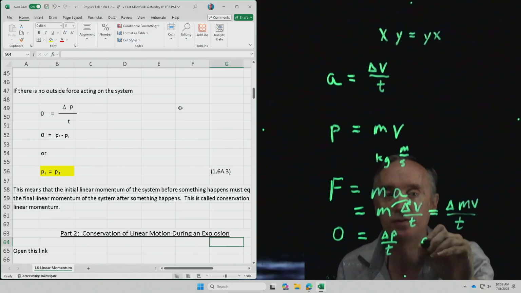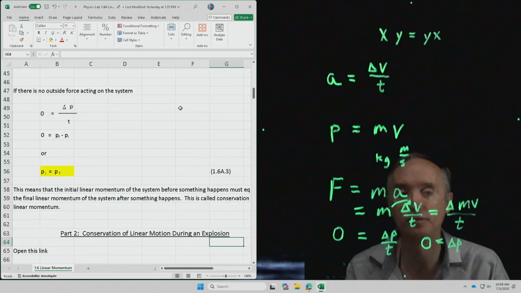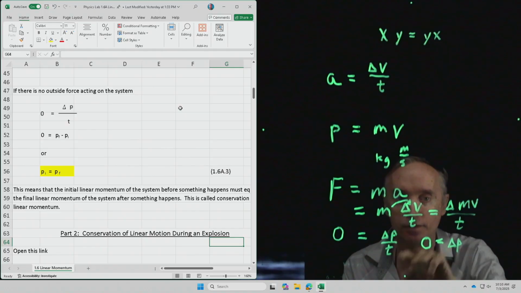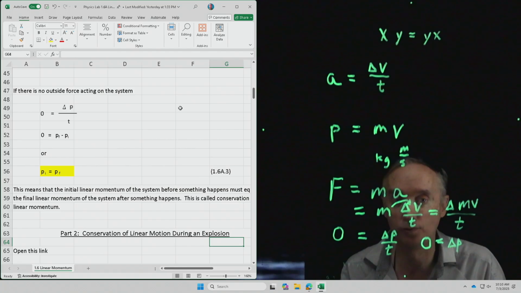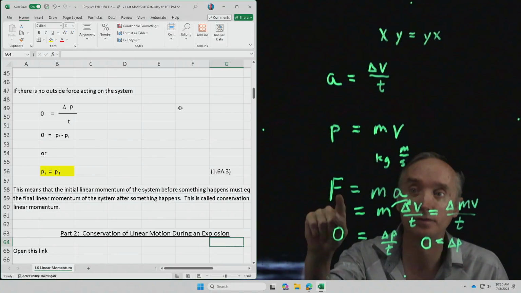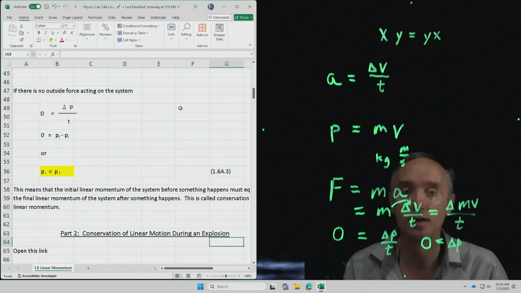So now we've got that 0 is equal to the change in the momentum, but the change in momentum is the final momentum minus the initial momentum. So we could take one of those p's to the other side of the equation, and we would end up with that final result there: the initial momentum of a system has to equal the final momentum of a system if there's no outside force acting on the system. And so we're going to call this conservation of linear momentum.